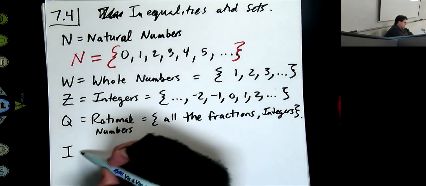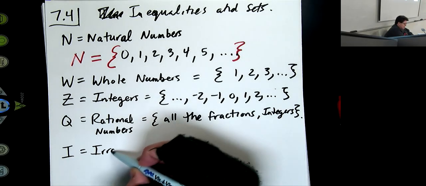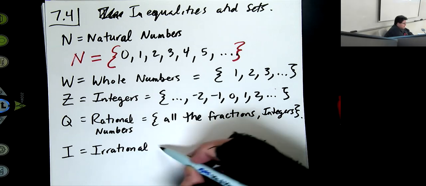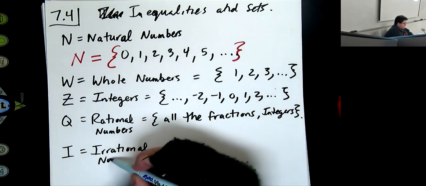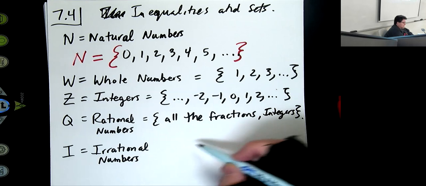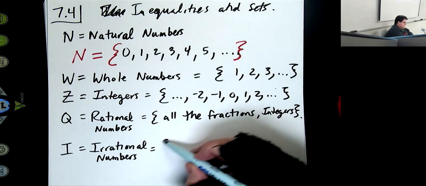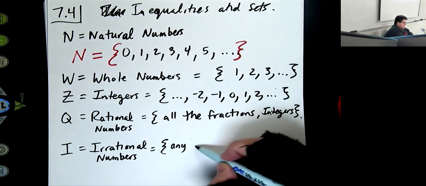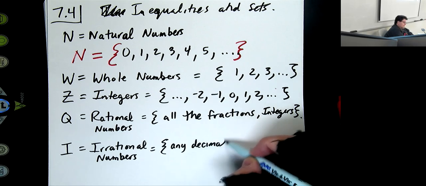The irrational numbers go by I. This is any decimal that doesn't end and doesn't repeat.